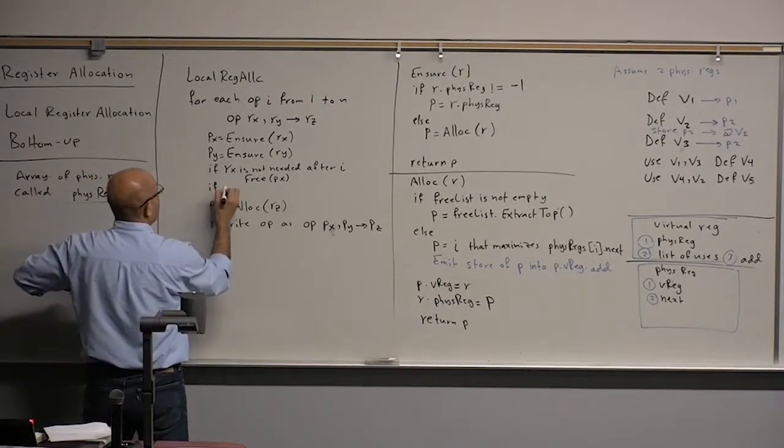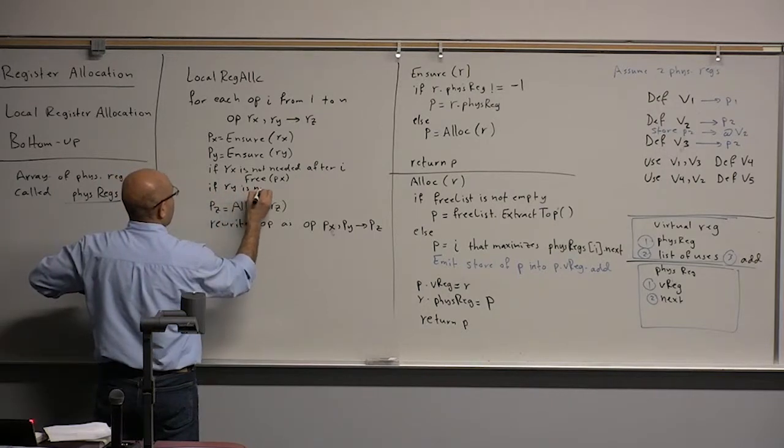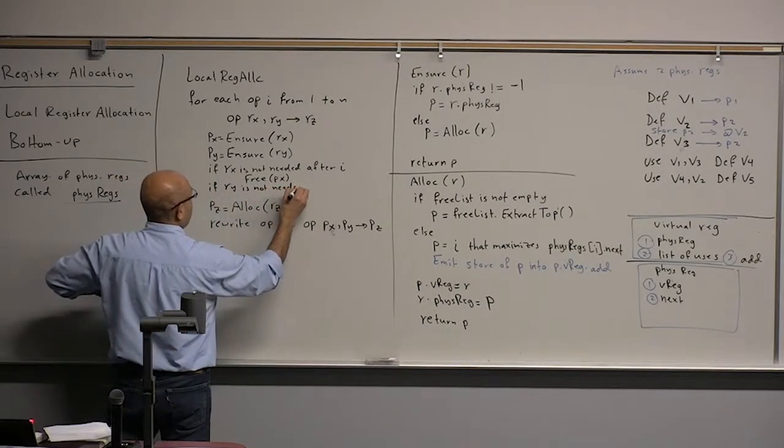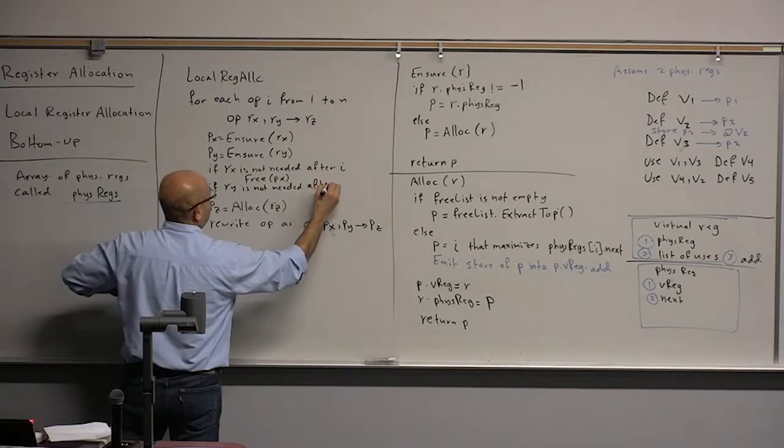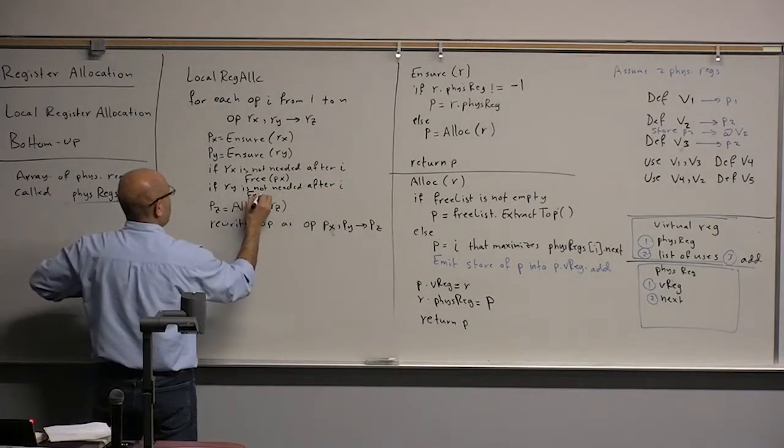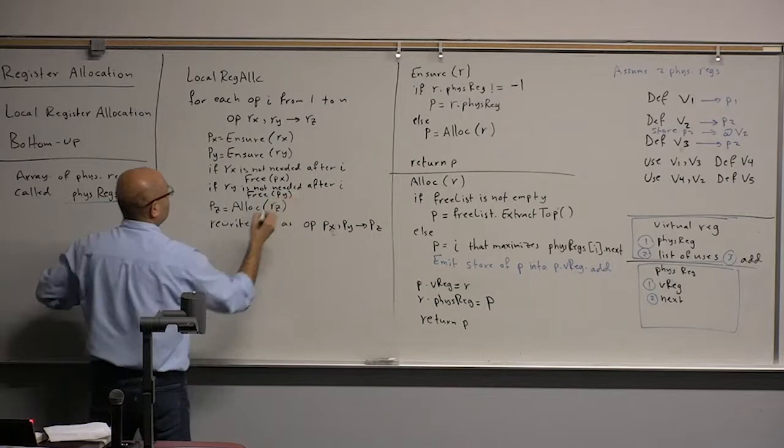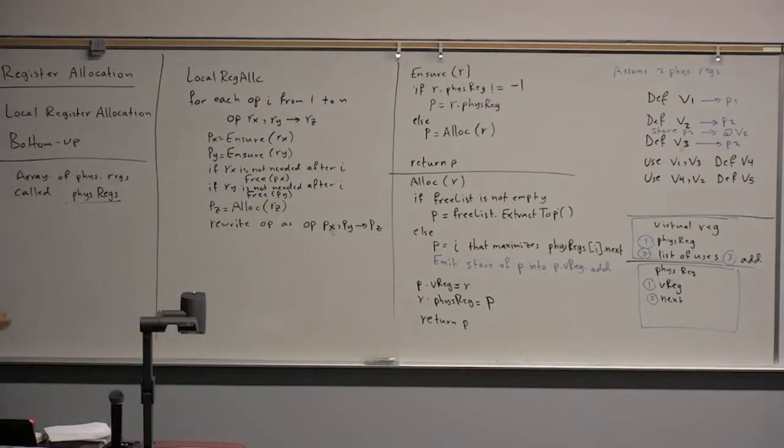And if ry is not needed after I, then free of py. And this free function should be easy. Free of a physical register.